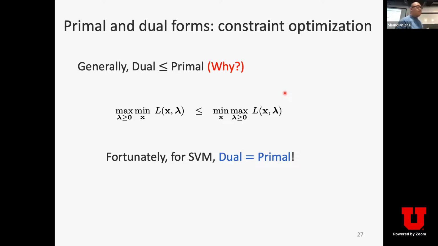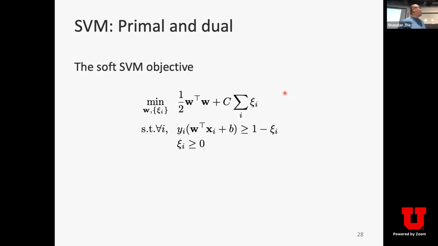We just need to know the conclusion that the dual form of SVM is equivalent to the primal form. So next, we're going to convert the primal form of SVM to the dual form, do some simple simplification, and derive what kind of dual objective function for SVM we need to solve.